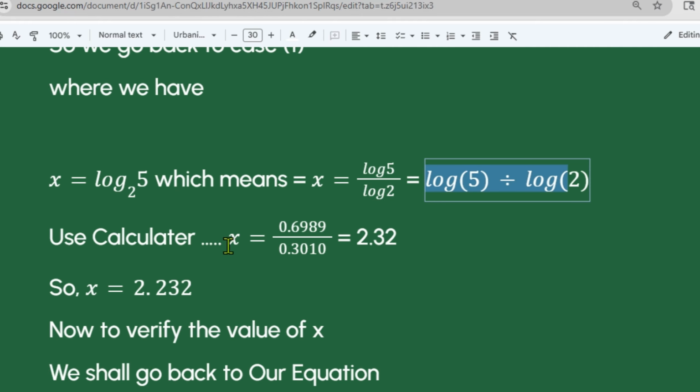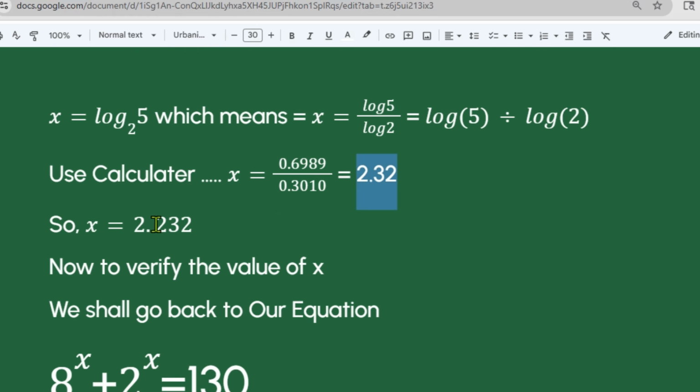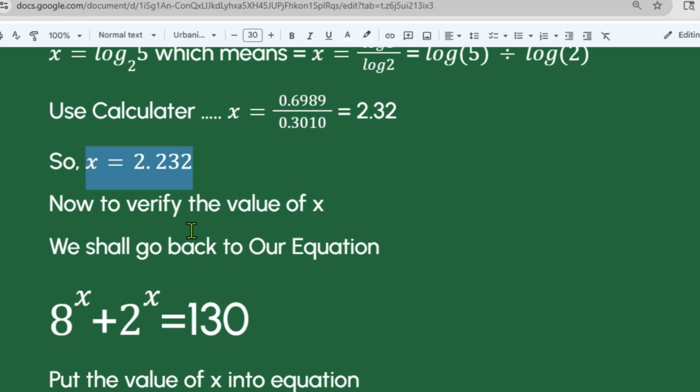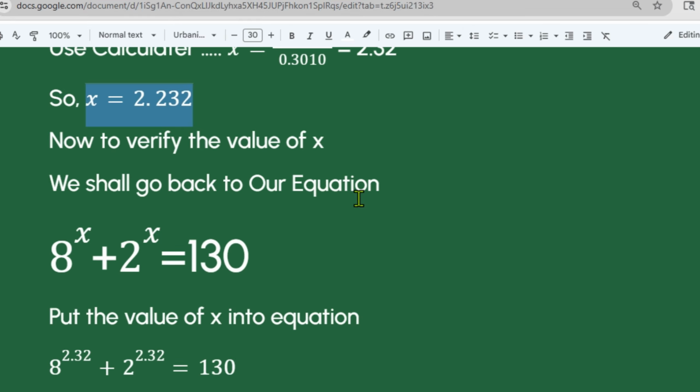Use a calculator to determine the values of log 5 and log 2, put these values in the formula and divide. So, x equals 2.232. Now, to verify the value of x, we shall go back to our equation. Follow steps on screen.